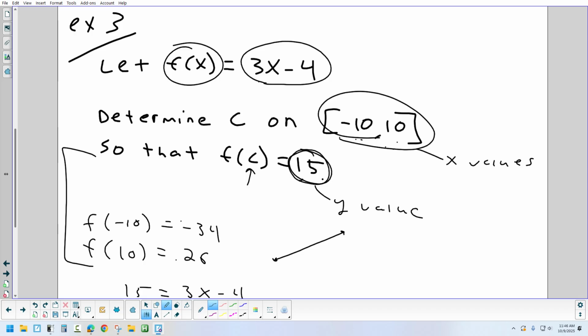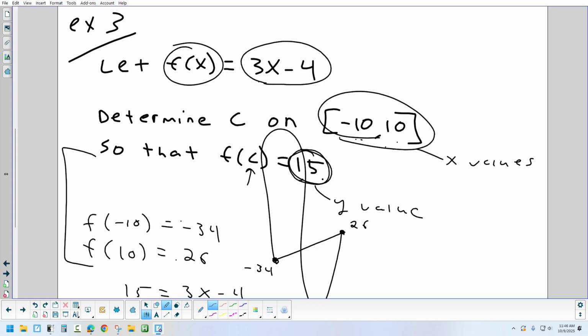So back to my other question. If I travel from here to here, this is at negative 34, this is at 26. Could I pass through 30 if it wasn't a straight line? It ends at 26.